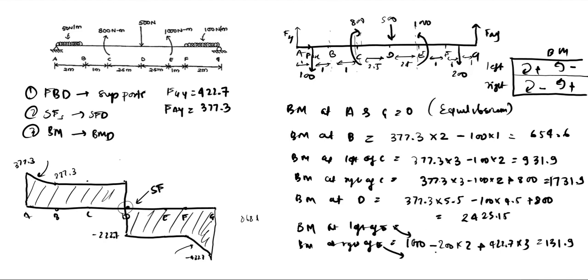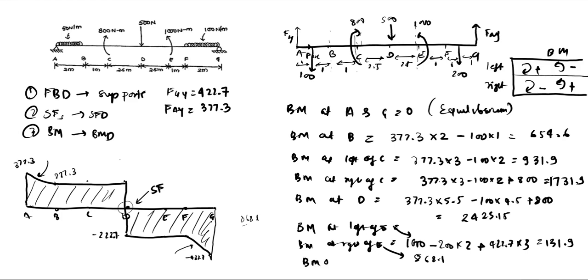Considering force on the right again, we have minus 282 plus 422.7 into 3. So it will come out to be 868.1 as we have calculated earlier. Just remove this 1000 anti-clockwise moment.